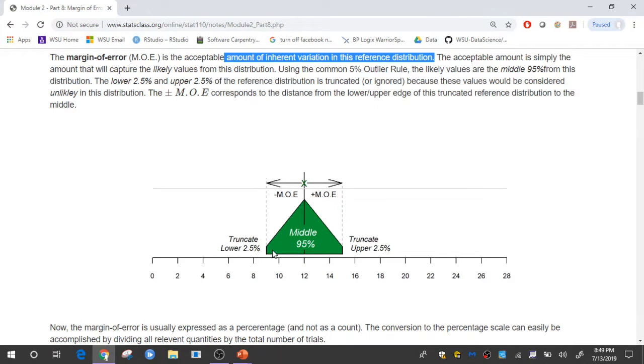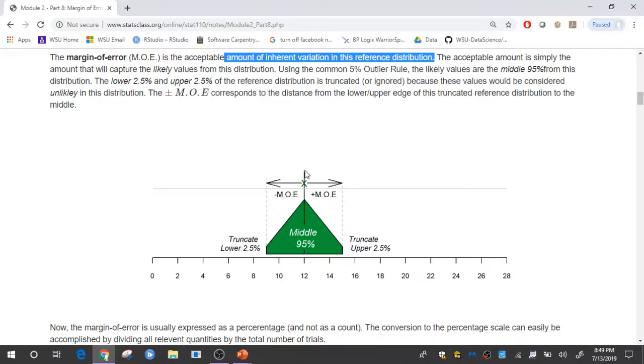In this particular illustration here, it looks like after truncating the distribution, it's at about 9 and 15. So again, the study outcome was 12 here. My reference distribution after truncating is going to be 9 up to 15. We call that range of values from 9 up to 15, or that range that captures the middle 95%, the 95% confidence interval.